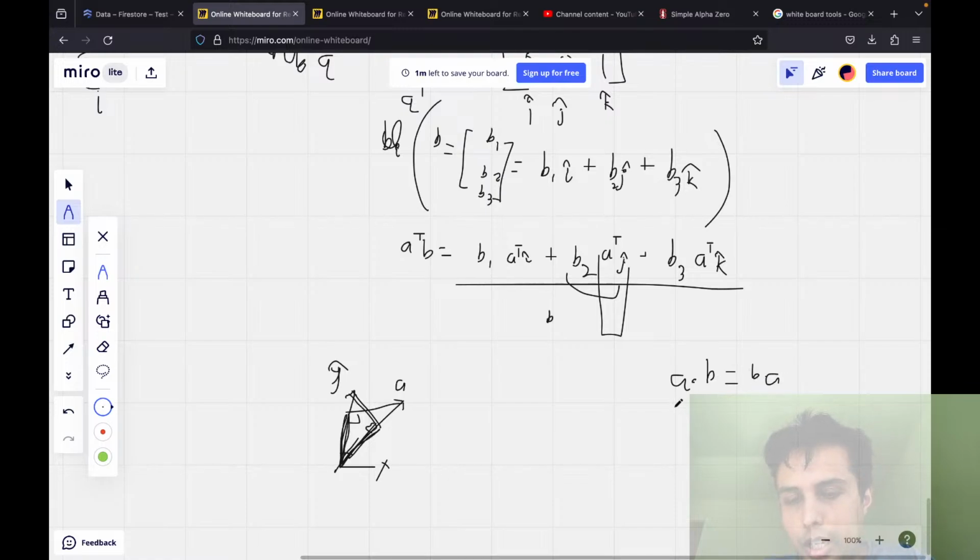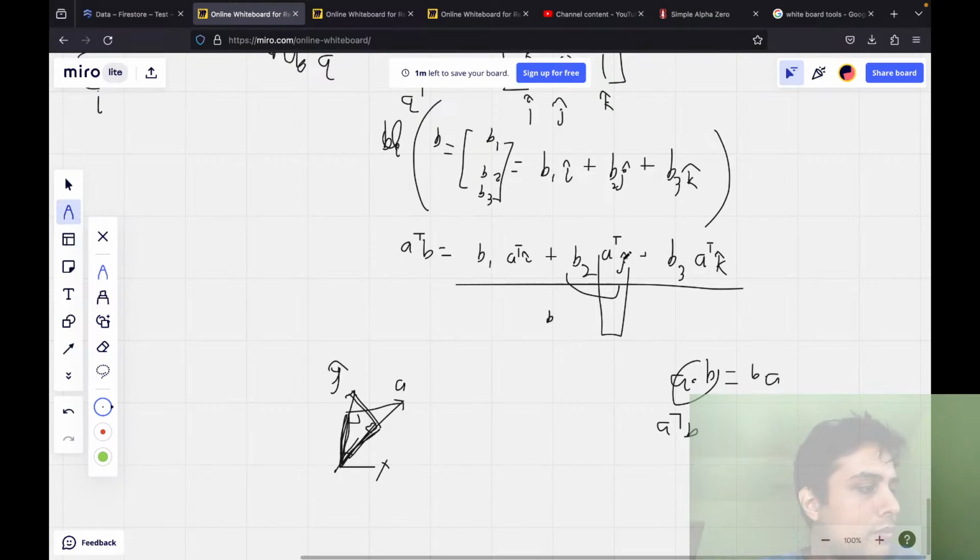This whole time I was viewing it as a projector and a projectee, assuming that, but you can flip-flop the orders. So what is a transpose dot j?